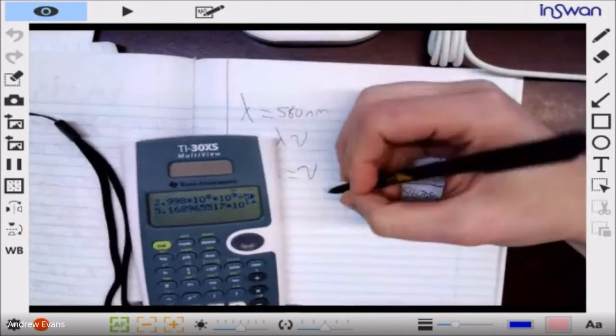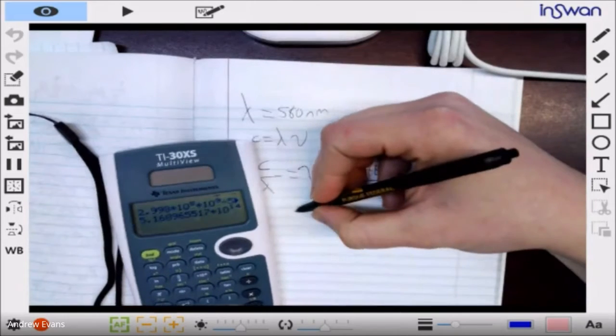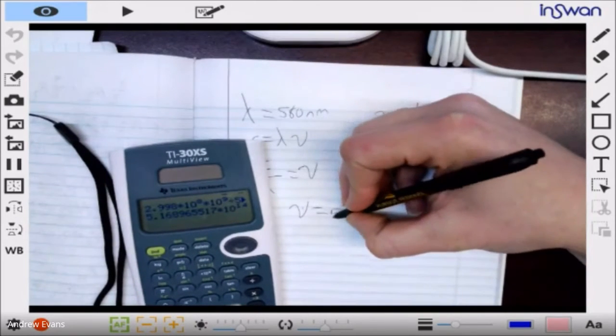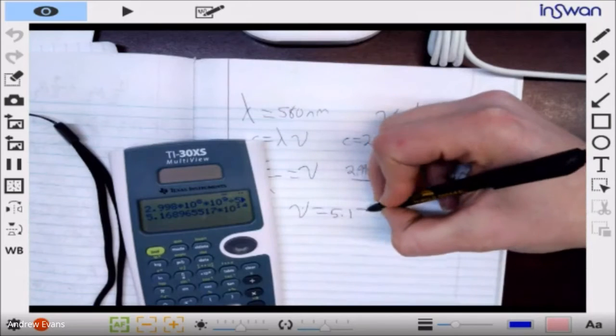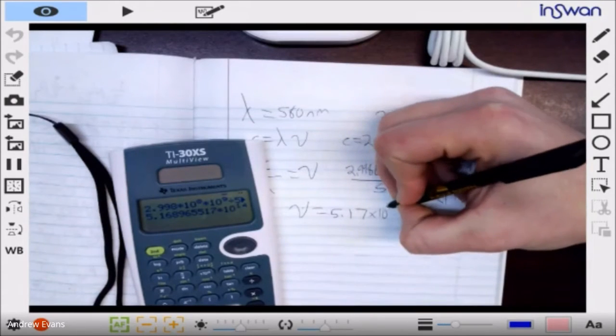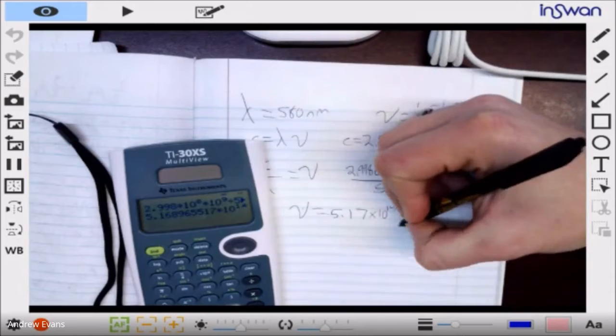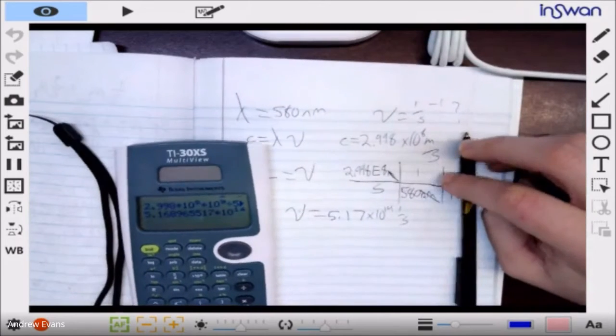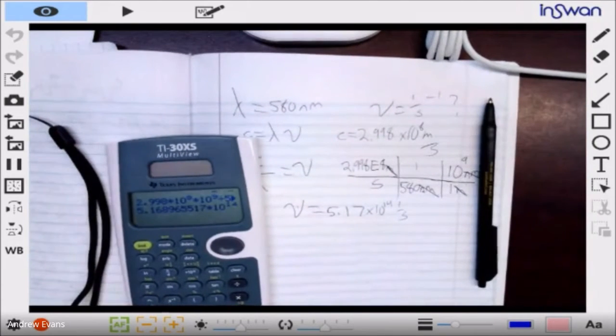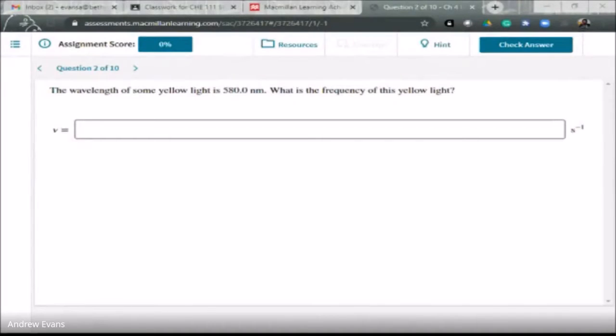Doing that, you should get a frequency equal to 5.17 times 10 to the 14th inverse seconds. That's a big frequency, but that is not an unreasonable frequency. That is not an outrageous number. So try plugging that in. 5.17 times 10 to the 14th.